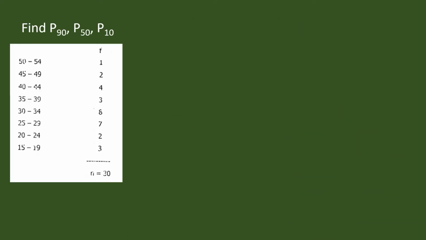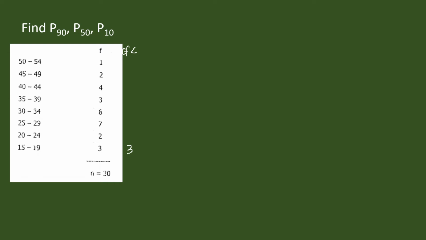So supposing we want to find the P90, P50, and P10 of this distribution, the first thing that we need to do is to first solve for CF less than of the distribution. Starting with the lowest class interval, we have a frequency of 3.